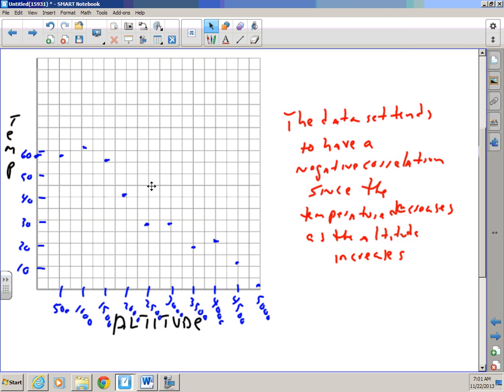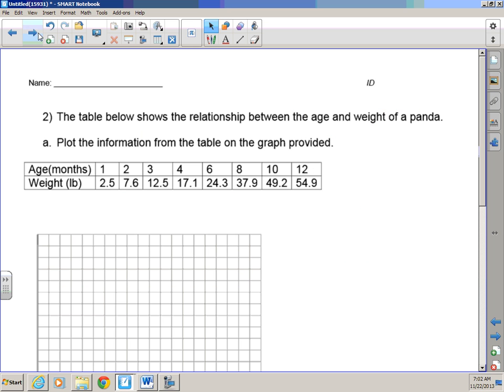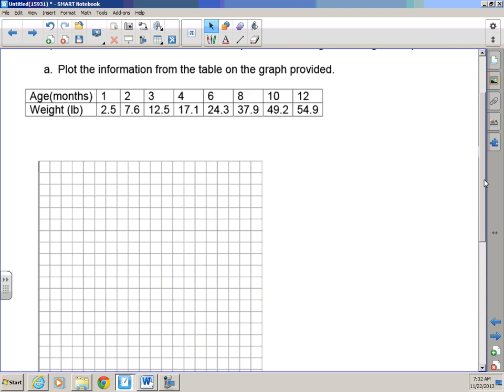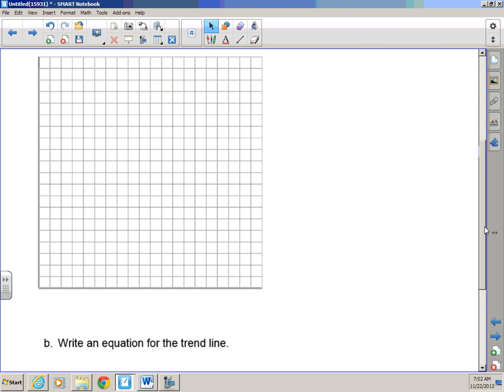Okay. All right. Now let's take the next example. What we have here, and again, you should be able to make some judgments just based upon the data and looking at the data set. I want to graph the relationship between the age and the weight of a panda.